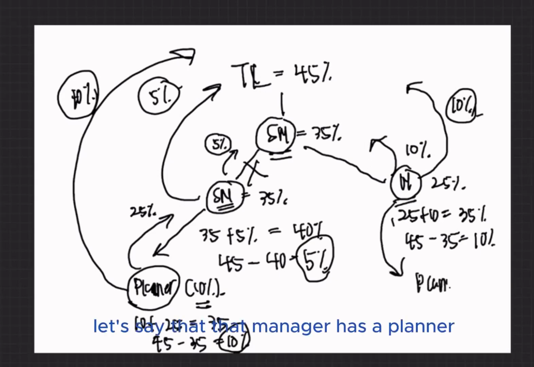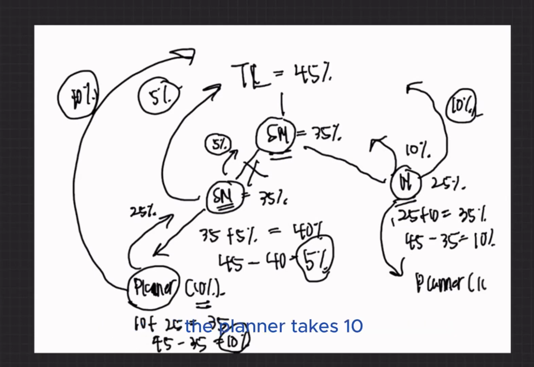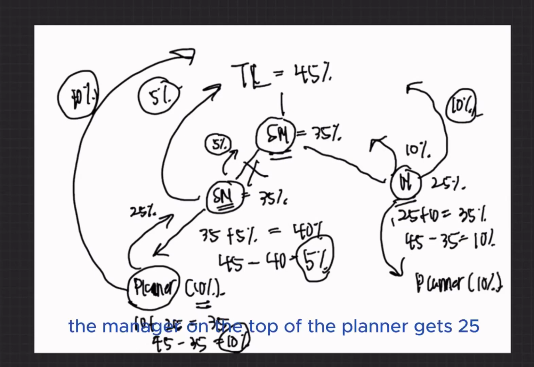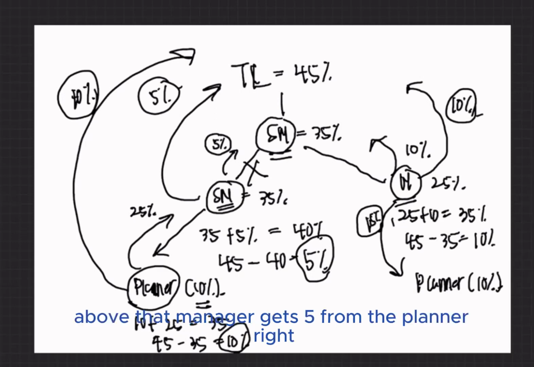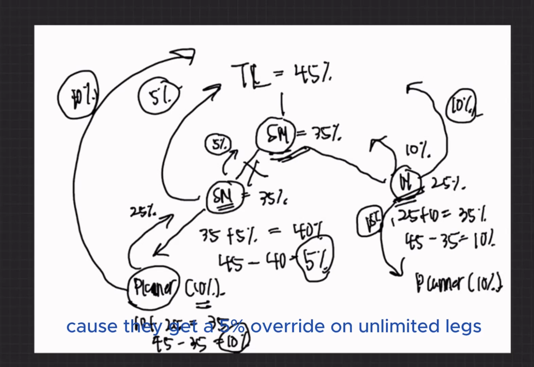Let's say that manager has a planner. The planner takes 10. The manager on top of the planner gets 25 minus 10, which is 15. The senior manager above that manager gets 5 from the planner, right? Because they get a 5% override on unlimited legs.